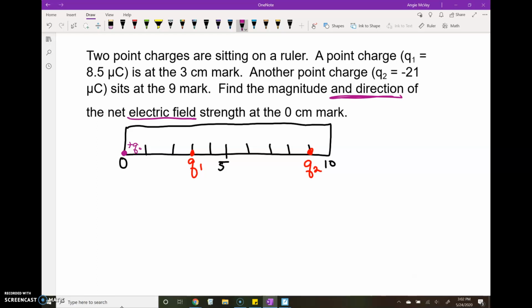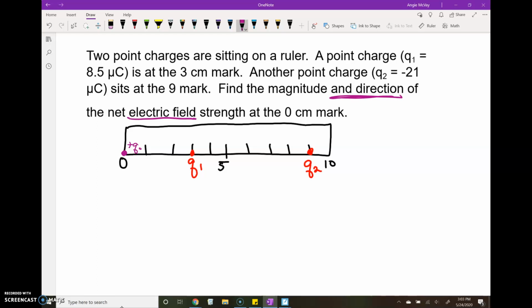All right, so this test charge is experiencing the electric field created by both charge 1 and charge 2. Each of them is creating separate electric fields because they each have different charges, and they are different distances away from the 0 centimeter mark, so we need to treat them differently.